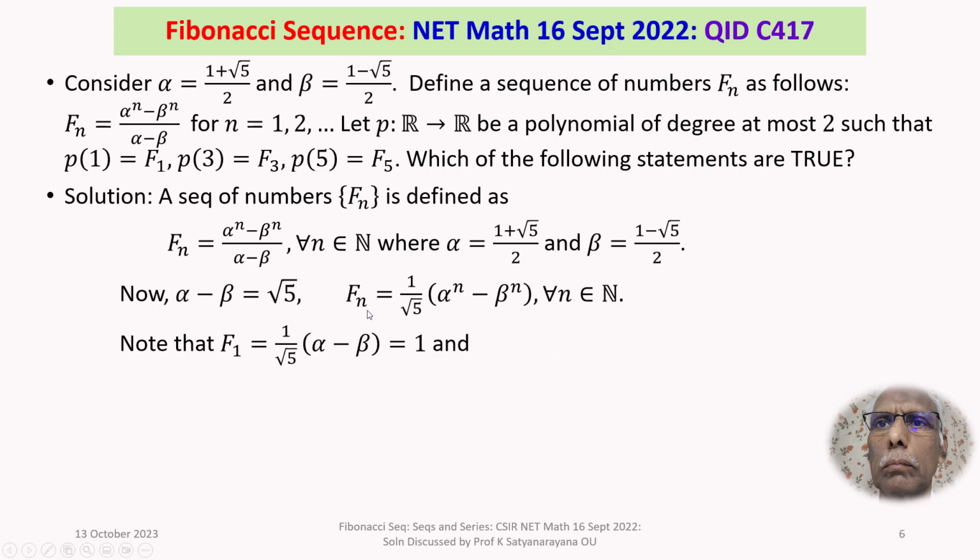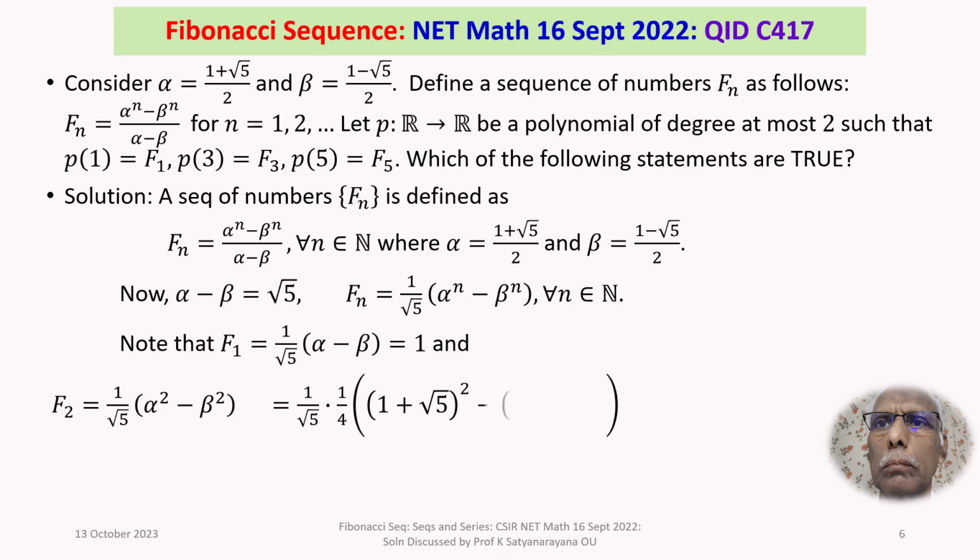So put n equal to 2. Then you will get F2 is equal to 1 by root 5 into (alpha square minus beta square). That is equal to 1 by root 5 into [(1 plus root 5) whole square by 4 minus (1 minus root 5) whole square by 4].